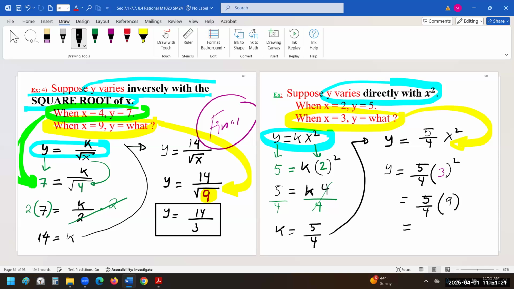And then what do you get from here? Below 9, what do we have? So when you multiply 5/4 times 9/1, what do you get? How do you multiply fractions? Across. So 5 times 9, 45 over 4.